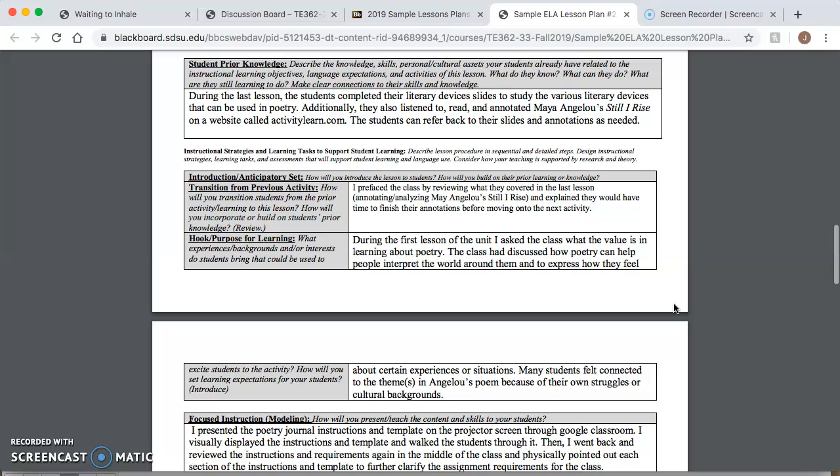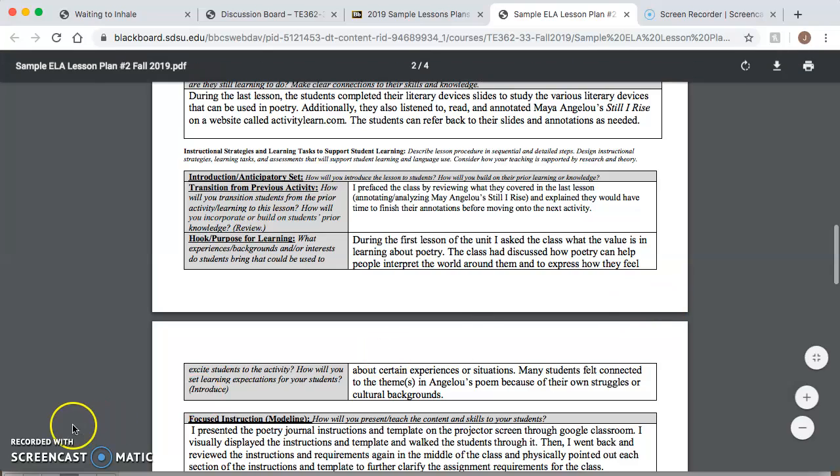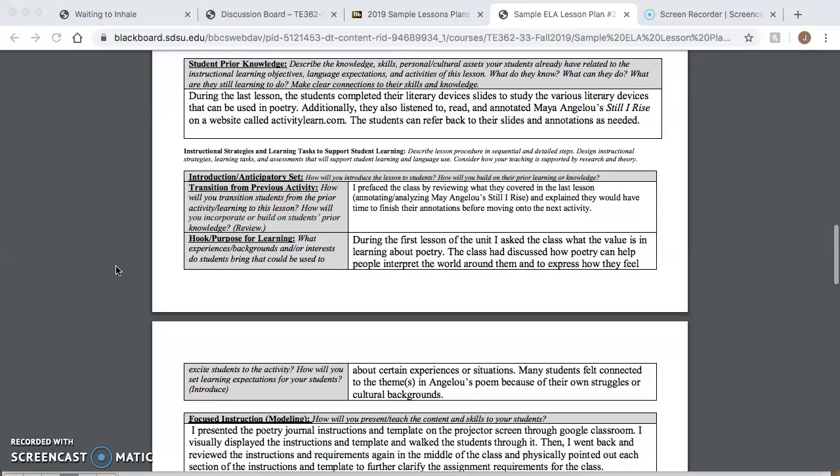And so they listened to, read, and annotated the poem, so they are familiar with the poem, which is very good. The more that students are familiar with the text content, the better they'll be able to understand and delve deeper into its meaning.